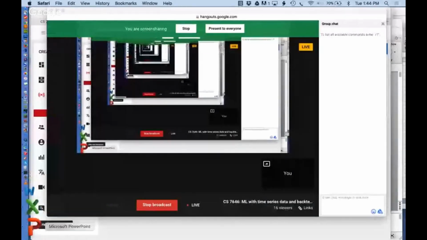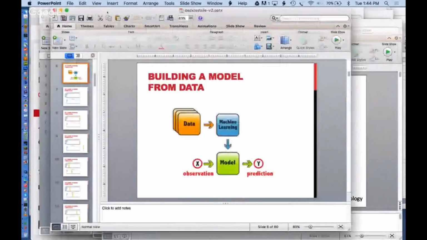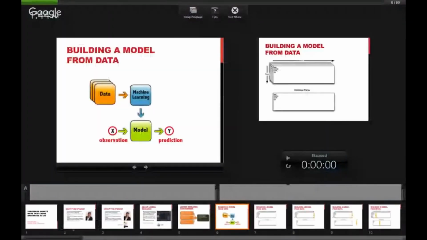Okay, I'm going to switch to showing my screen. Now, what I wonder is, I've got the little desktop version of it here.